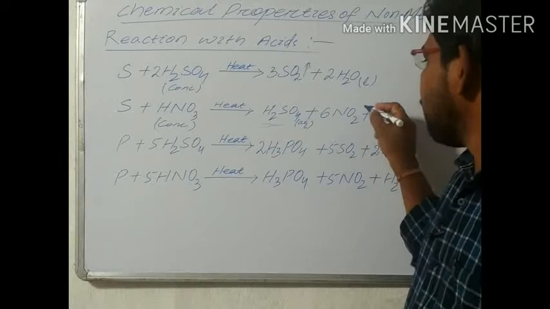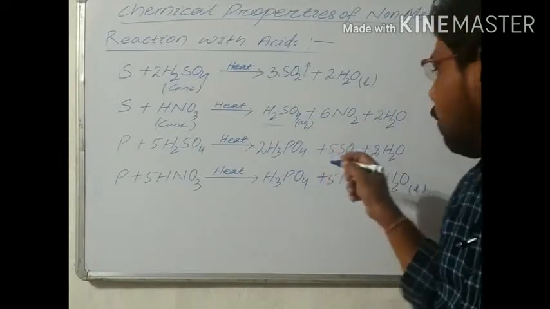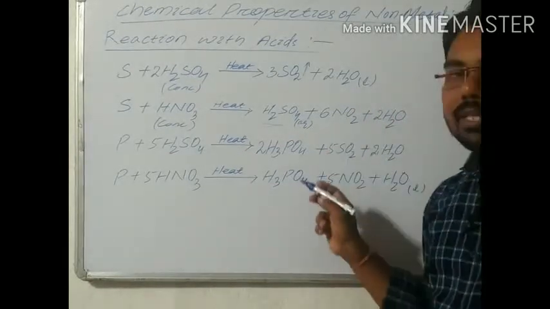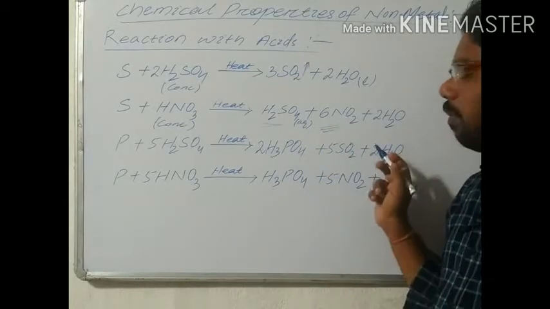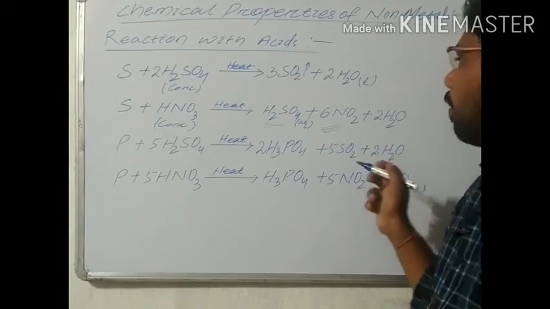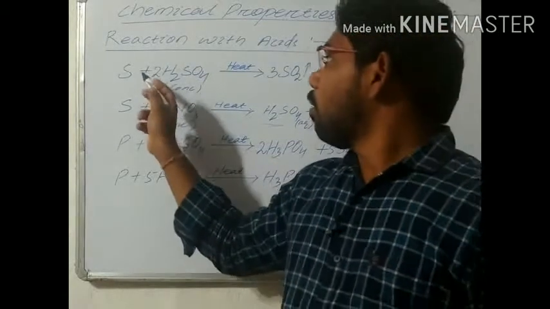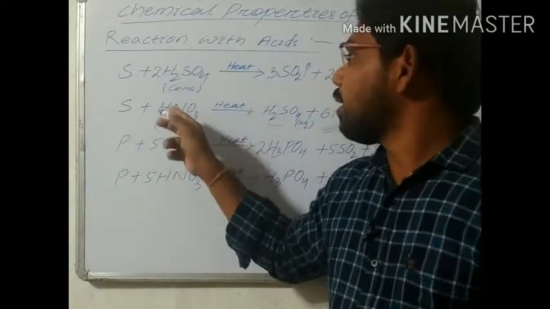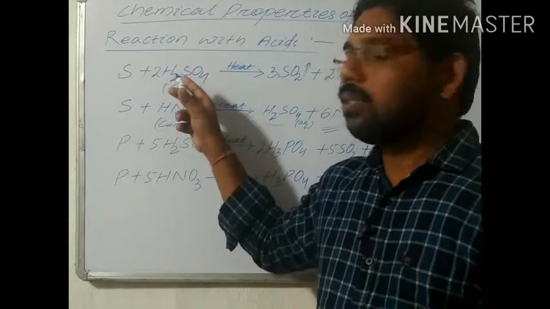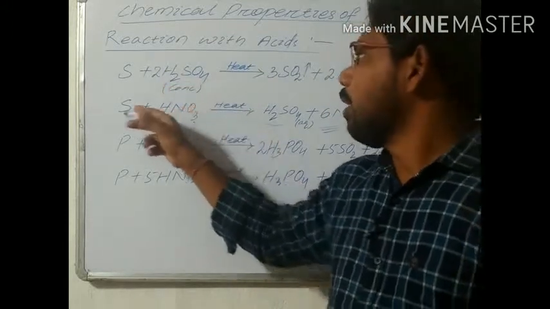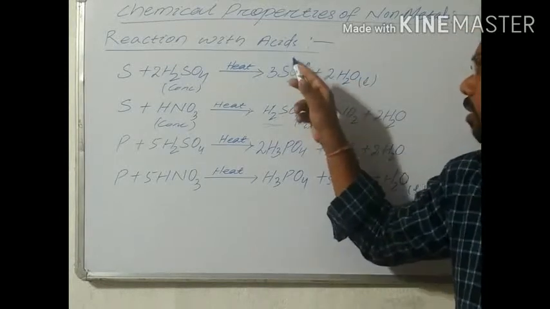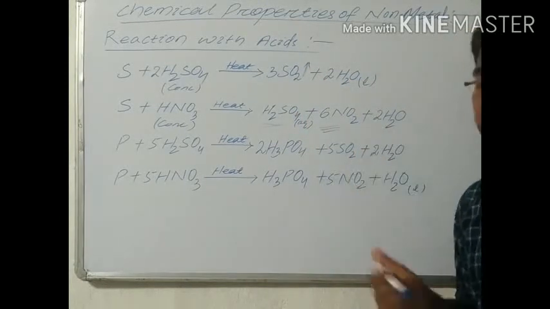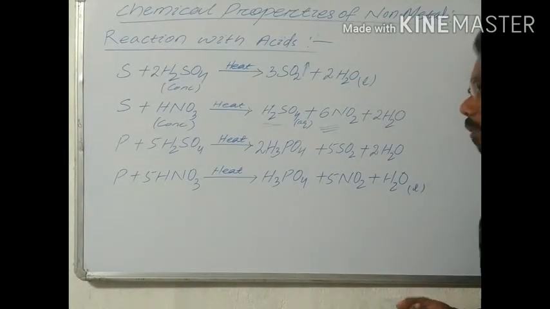Along with the sulfuric acid, nitrogen dioxide gas also forms, which is a reddish brown fume, and water is also formed. So both concentrated sulfuric acid and concentrated nitric acid react with sulfur, forming sulfur dioxide and nitrogen dioxide gas respectively.